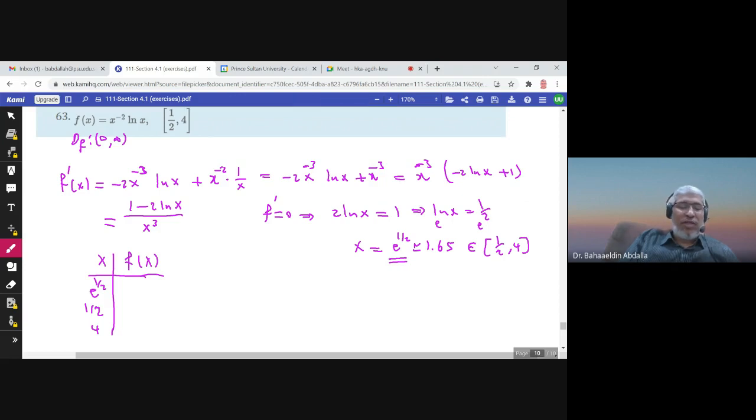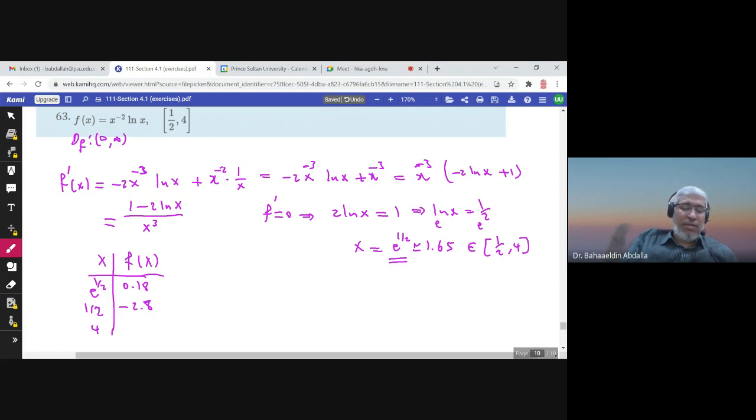If you do that using the calculator, you will find that the answer is 0.18. If you find ln half and replace x by half, the answer would be negative 2.77 or negative 2.8.